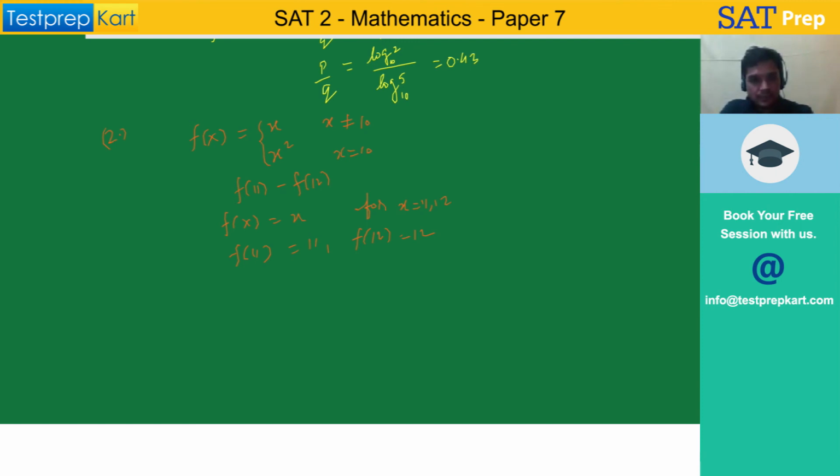So f of 11 minus f of 12 is equal to 11 minus 12, that is minus 1.